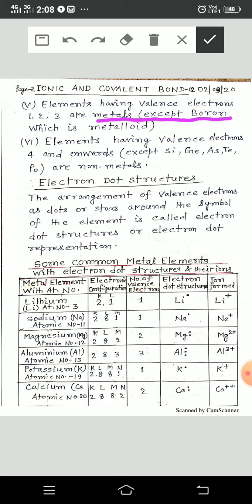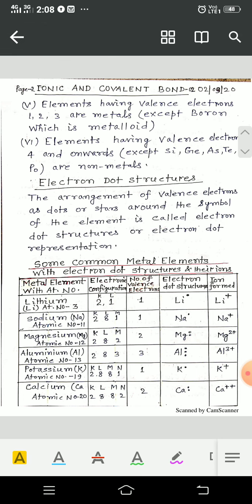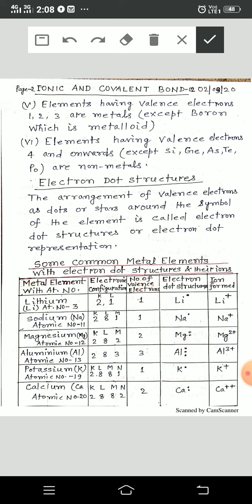Now about the electron dot structures. The arrangement of valence electrons as dots or stars around the symbol of the element is called the dot structure or the electron dot representation. So these are the Lewis dot structures of some elements.